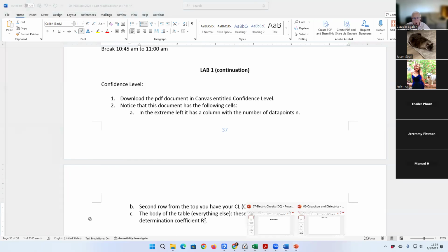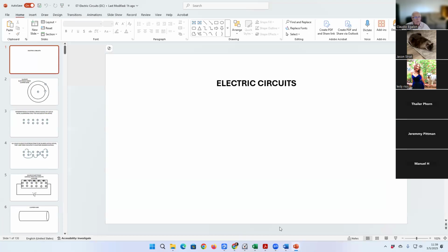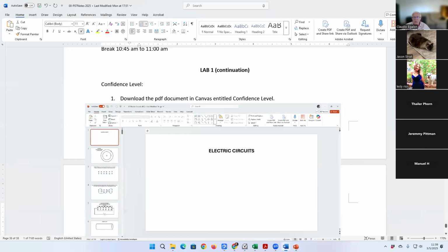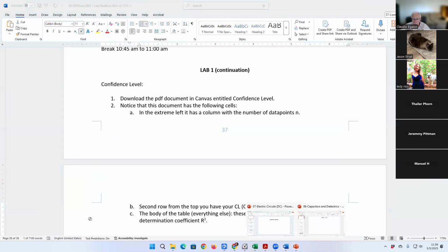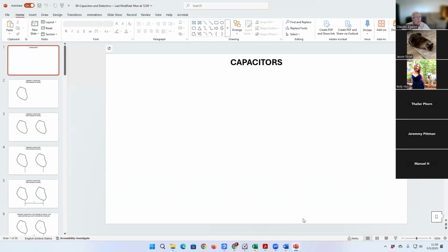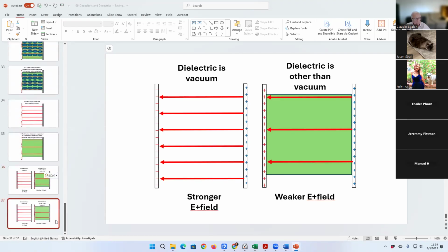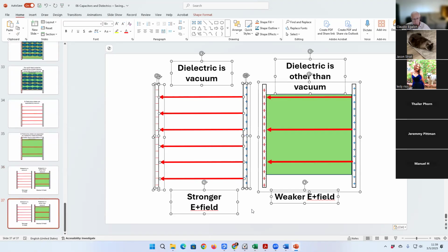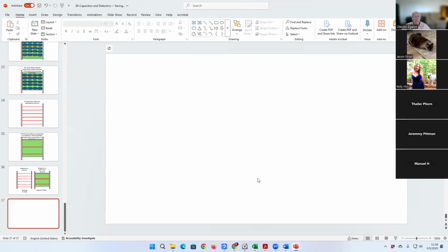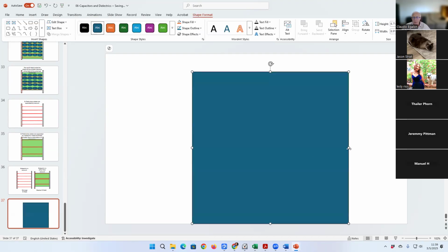If I were to make a drawing of this table, and I'm going to do that for you, here's the table.